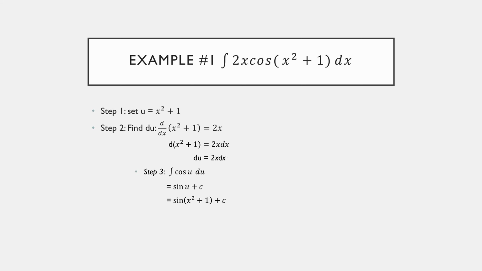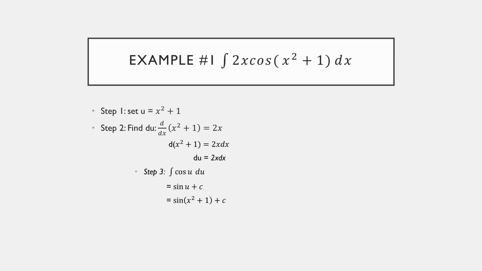So here I have example number 1, the integral of 2x times cosine of x squared plus 1 dx. So for step 1, it's setting u equal to x squared plus 1, and then for step 2, you want to find du. So we can understand that d dx of x squared plus 1, or the derivative of this function with respect to x, is 2x.